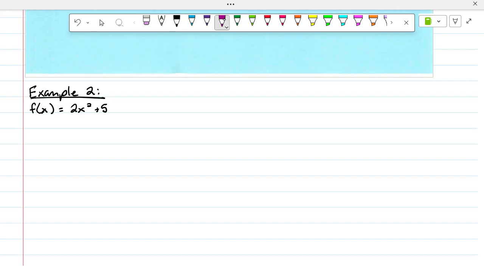Y. So if it helps, first thing you should do is just rewrite it using y instead of f of x, just so it doesn't throw you. So what is my very first step? Switch the x and the y. So this will be x is equal to 2y squared plus 5.